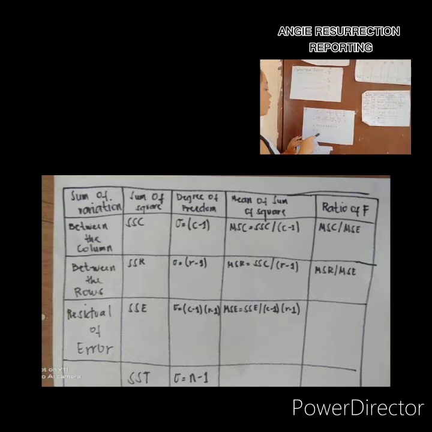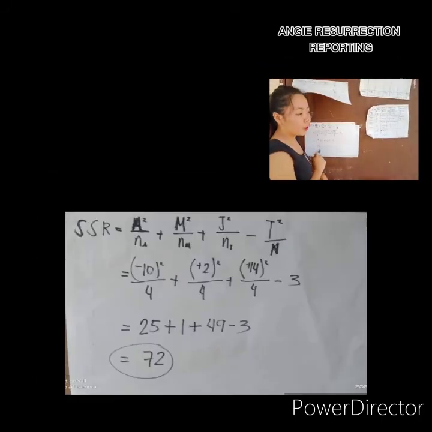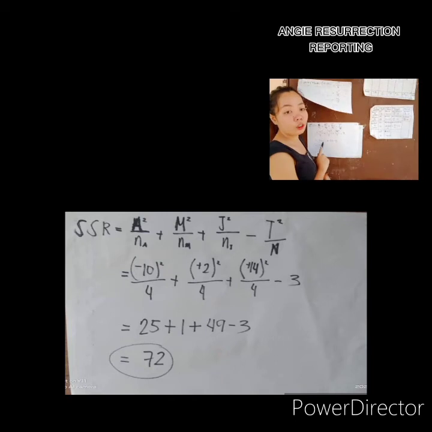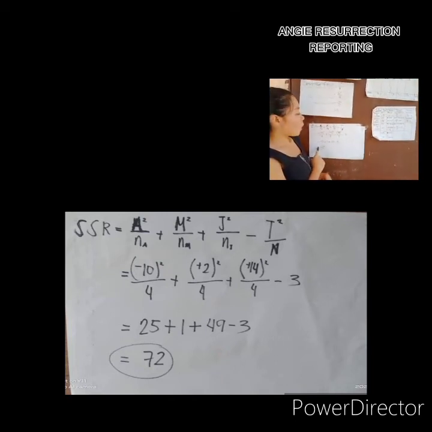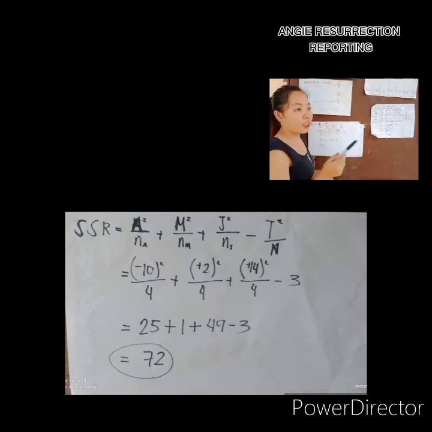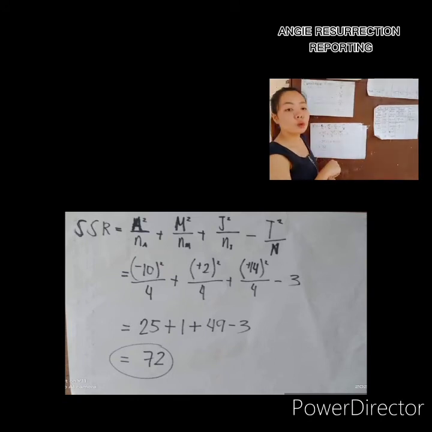So the SSC is done. Now coming to the third step, which is calculation of SSR, or sum of square between the rows.